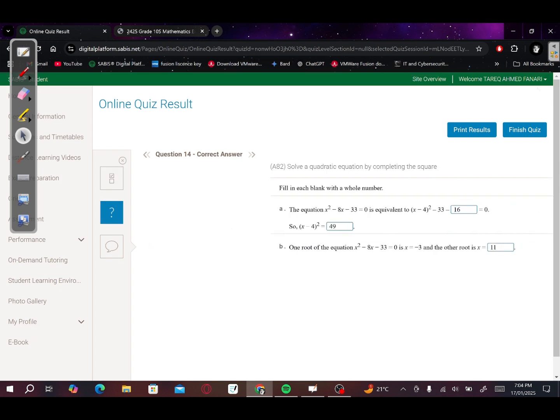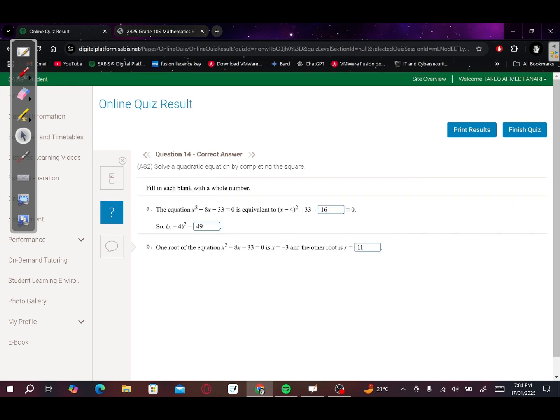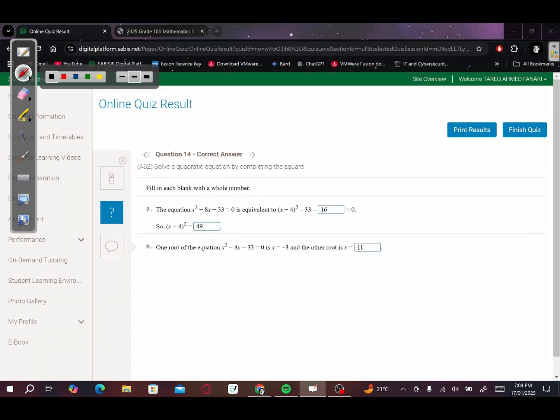Question 14. This is what I mean by it's going to be solved here. So we're going to complete the square. X squared minus 8x minus 33 is equal to 0. Okay, perfect.